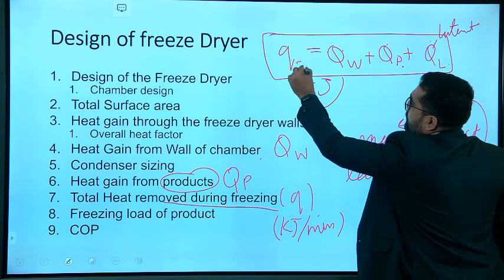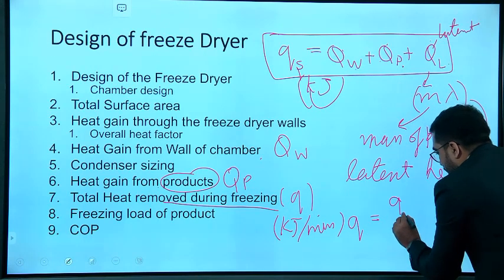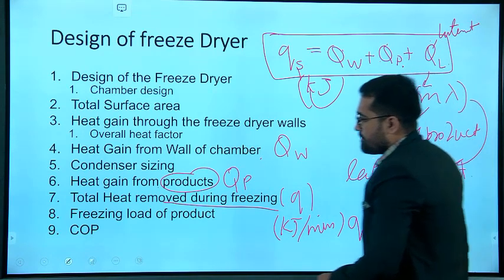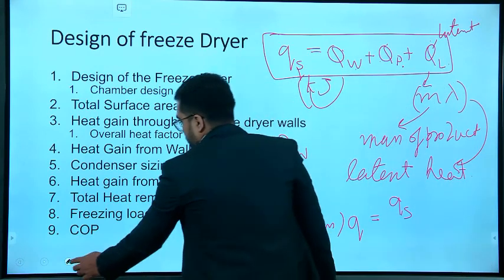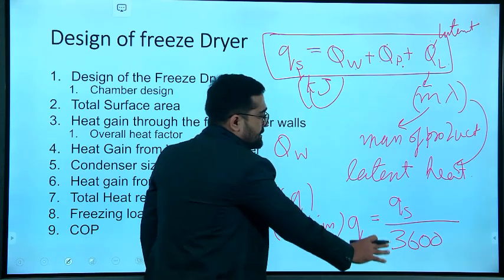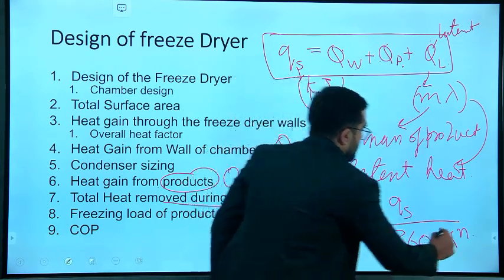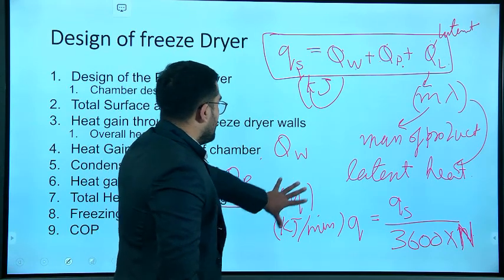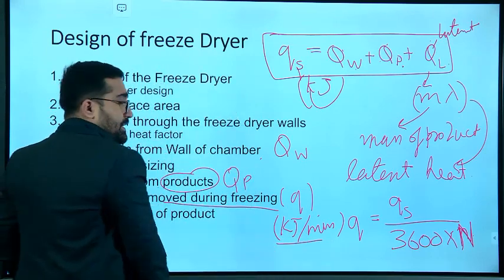Till now this is just in kilojoule, not converted into minutes. How do we get kilojoule per minute? Qs, the freezing heat, is the summation of all heats, divided by 3600, converting hours into seconds into minutes, into capital N, the number of batches we are dealing with in a day, which gives the total heat removed during freezing in kilojoule per minute.